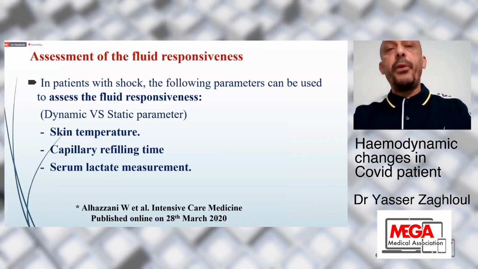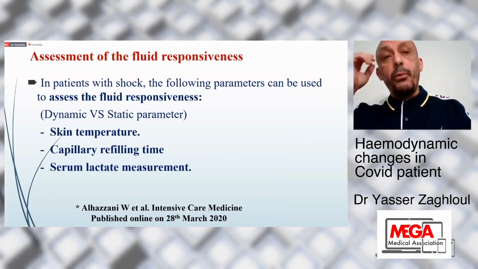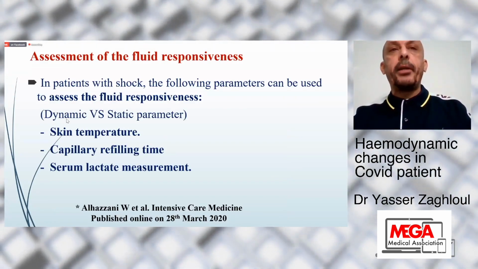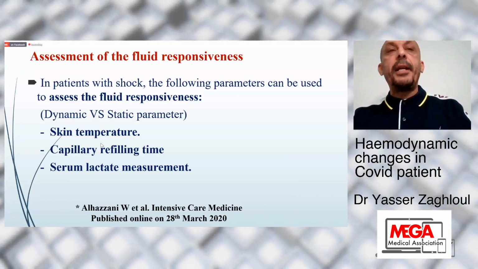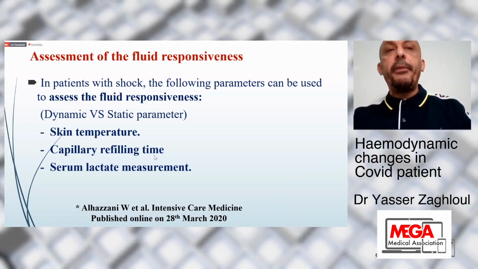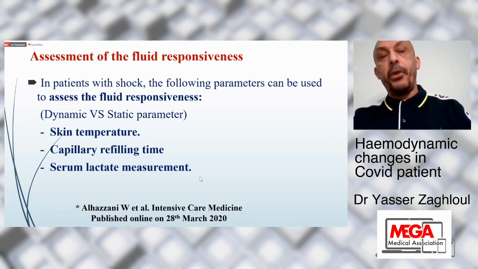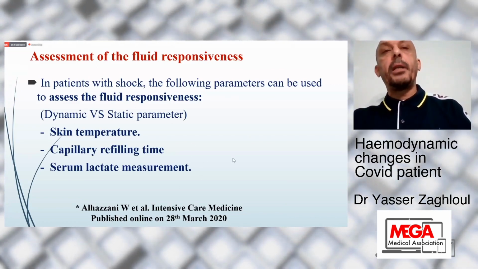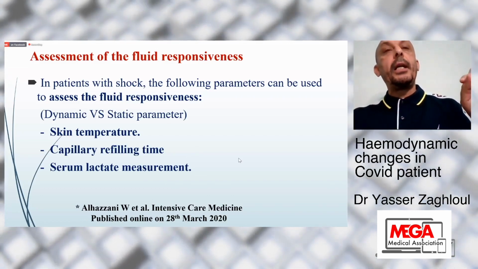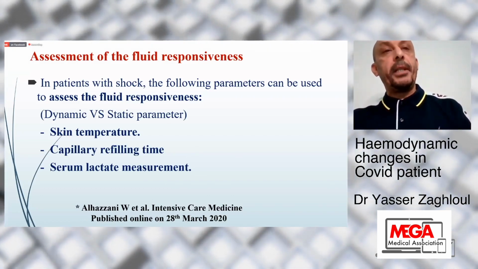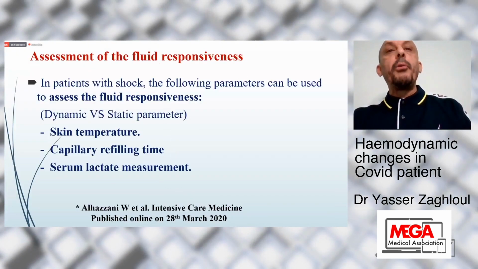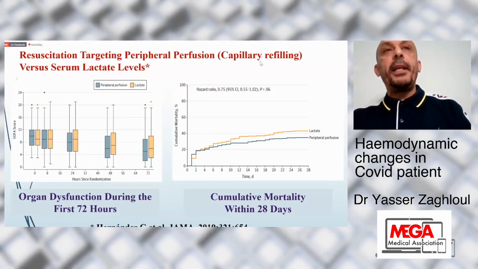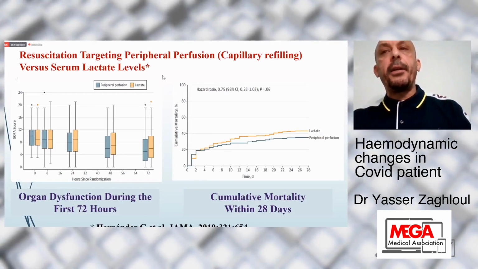How to assess the fluid response? According to the Surviving Sepsis Campaign, you should use dynamic, not static parameters, like skin temperature, capillary refilling time, and serum lactate measurement. And as you see, this is something very simple, can be done in most of the centers, even with limited resources. We will compare here between the capillary refilling and the lactate clearance.